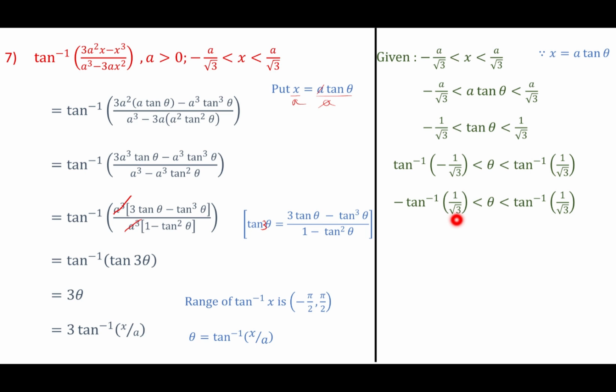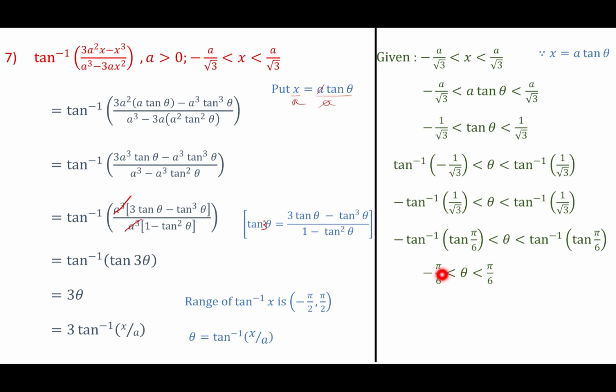At what angle of tan do we get 1 over root 3, which is tan pi by 6. Sorry, tan 30 is 1 over root 3. So in place of 1 over root 3, I am writing tan pi by 6. So tan inverse tan will be gone. It will be negative pi over 6 less than theta less than pi over 6. So theta lies in between negative pi over 6 and pi over 6.